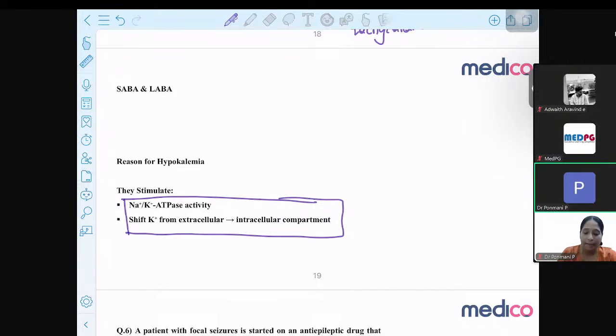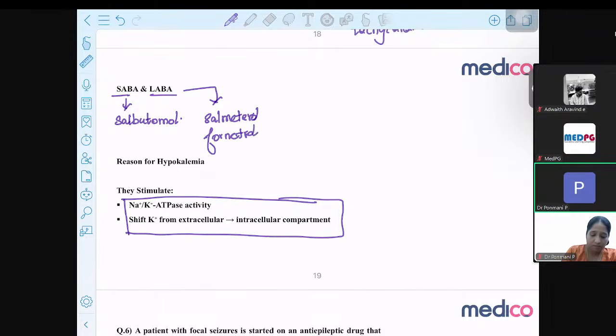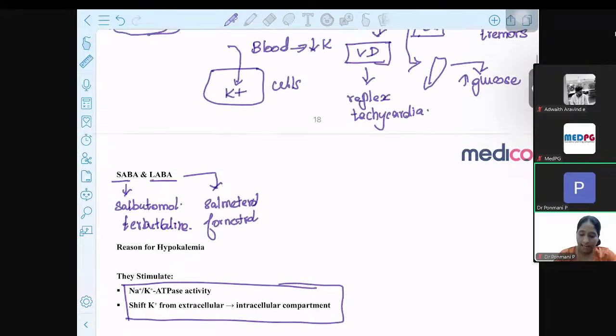You need to remember there are two types of beta agonists, SABA and LABA. Under SABA, you have salbutamol. Under LABA, you have salmeterol and also formoterol. Here you also have one more called terbutaline. SABA is short-acting beta agonist and LABA is long-acting beta agonist.